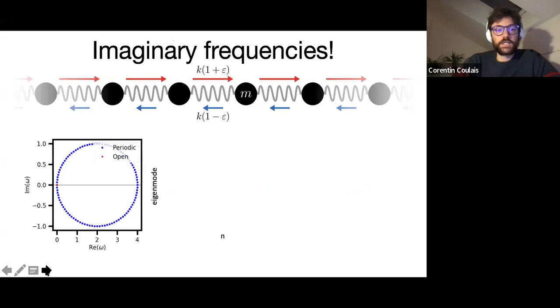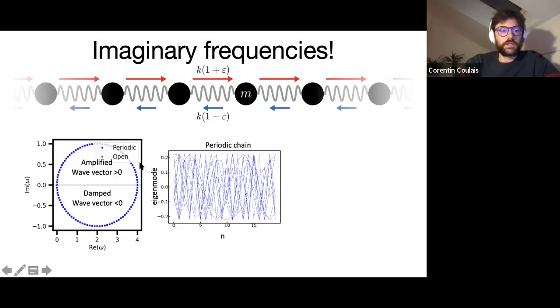So if you look at the spectrum, you can take your chain and calculate the eigenvalues. If the chain is a ring, so if you have a periodic system, you find that half of the eigenvalues have a positive imaginary part and the other half have a negative imaginary part, which means that half of the modes are amplified and the other half of the modes are attenuated.